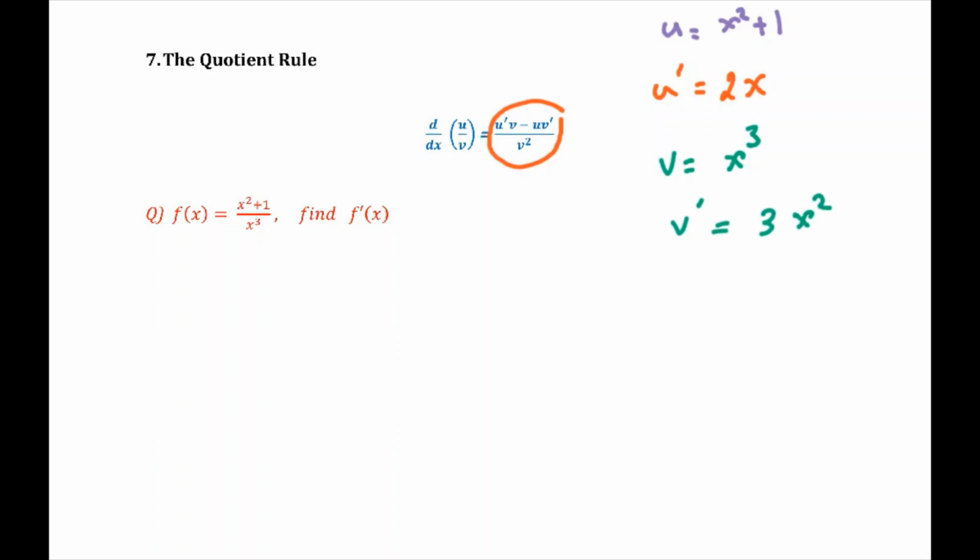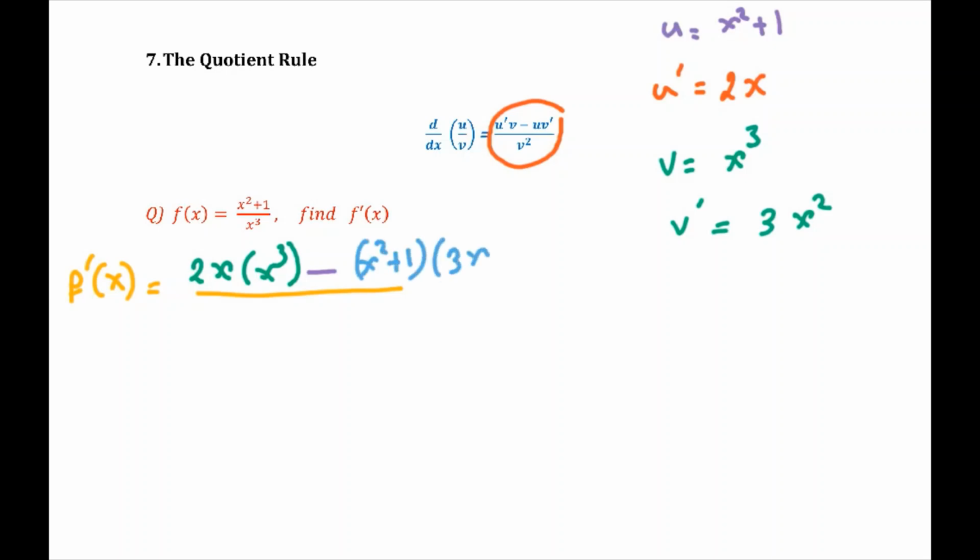So we're going to go here and find f'(x). So it's u' multiplied by v, and then minus u v', over v squared.